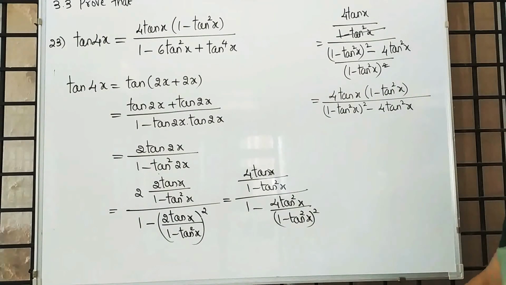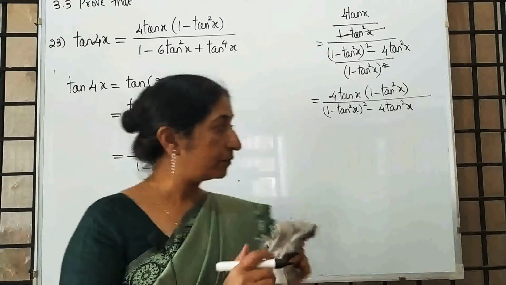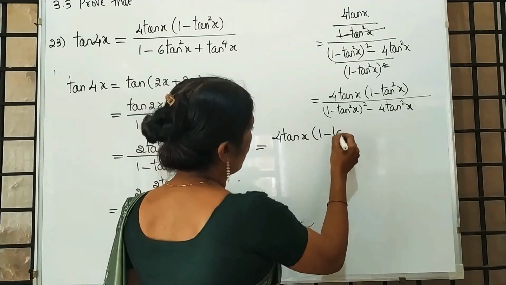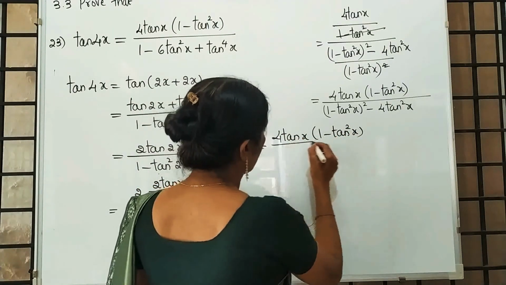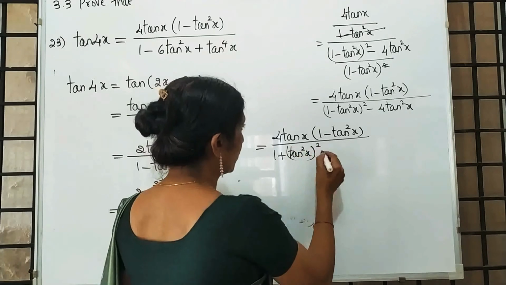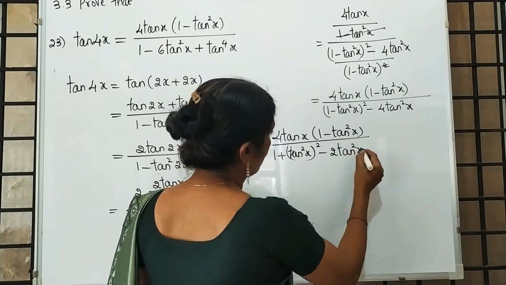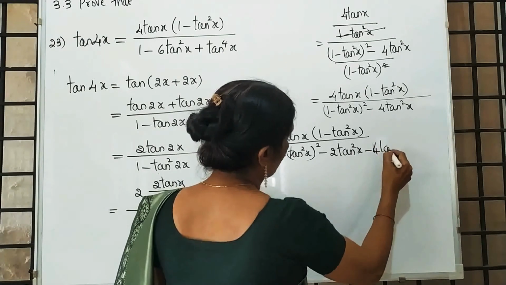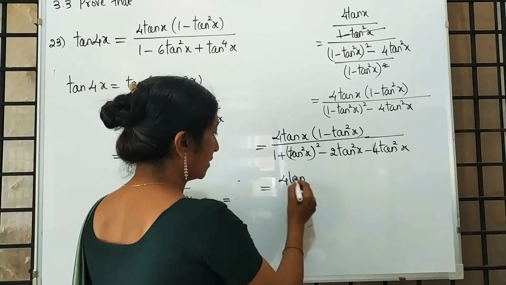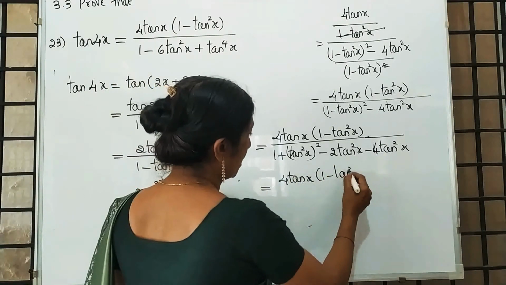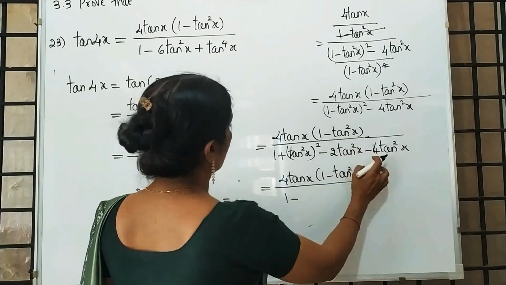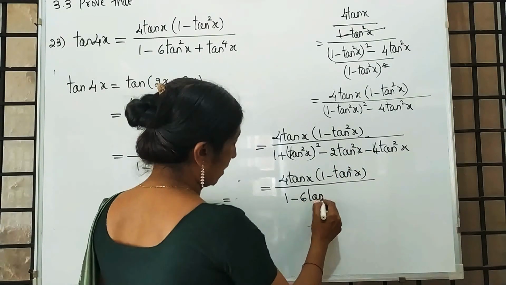Apply the formula a minus b whole square. 4 tan x in the bracket 1 minus tan square x divided by a square plus b square minus 2ab, so it is 4 tan x, 1 minus tan square x divided by 1, it is minus 2 tan square x minus 4 tan square x is minus 6 tan square x.